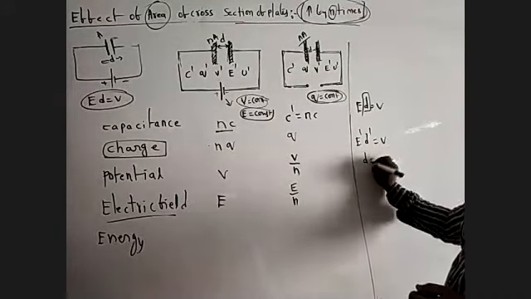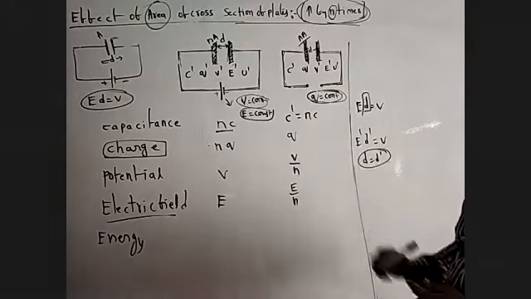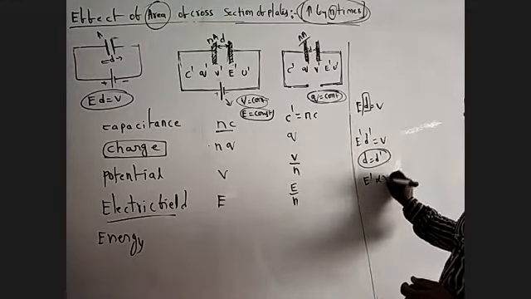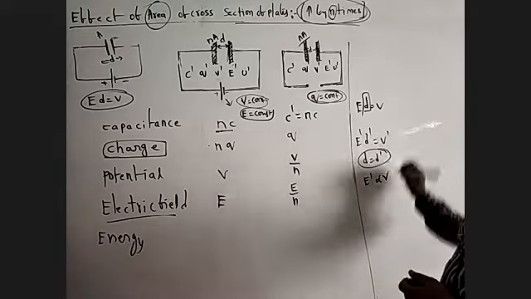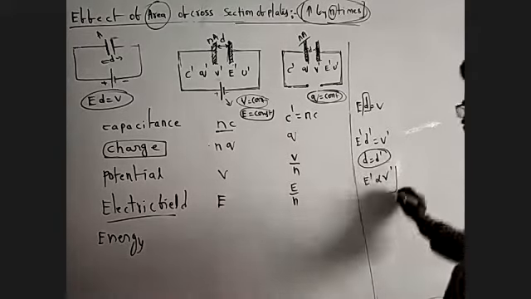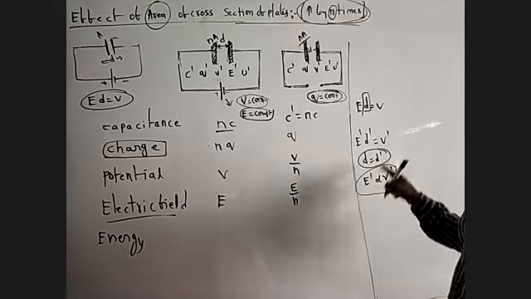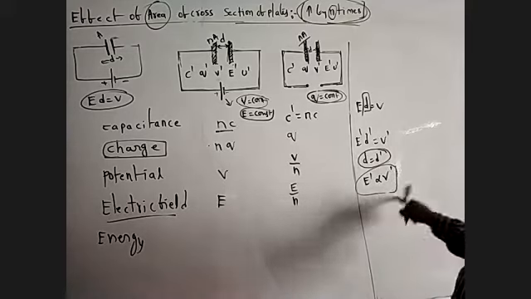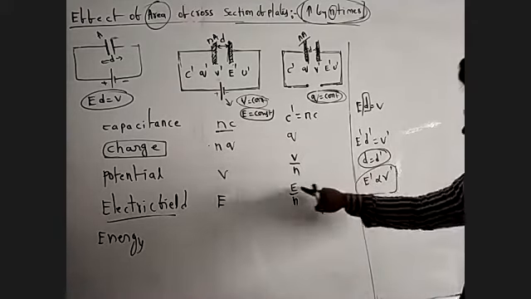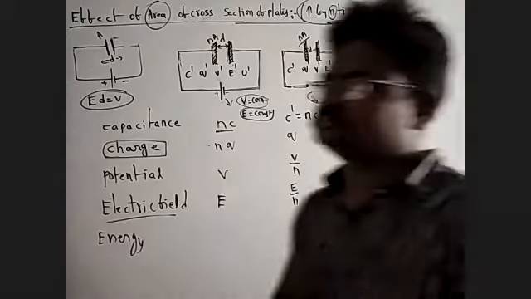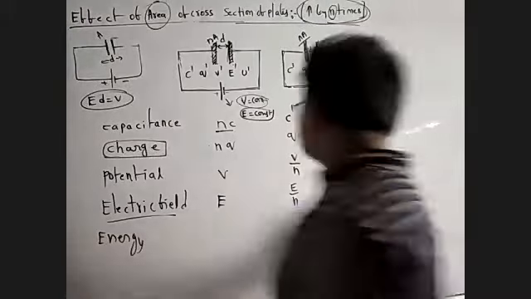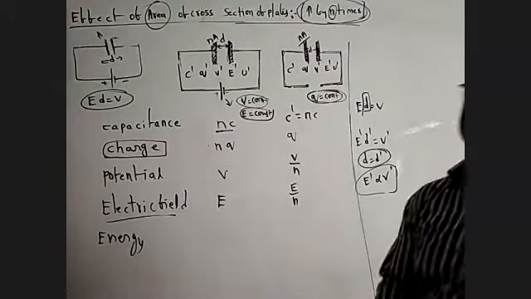We have the relation d is equal to d dash. That's why E dash is directly proportional to V dash. Already V dash is V by N, so E dash is E by N also. It decreases N times. Keep this in mind.